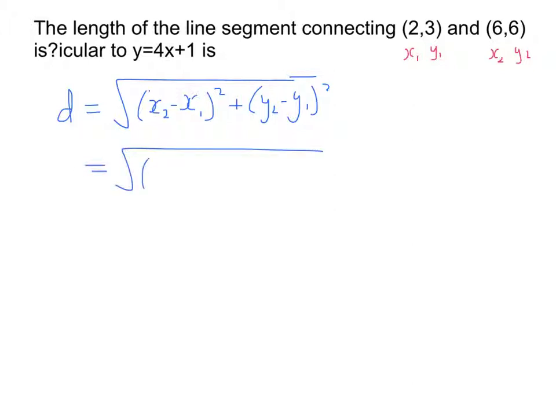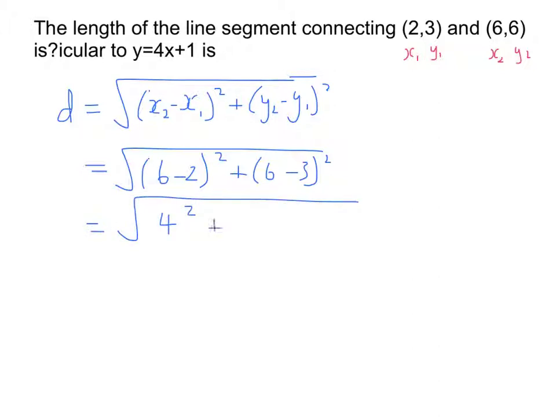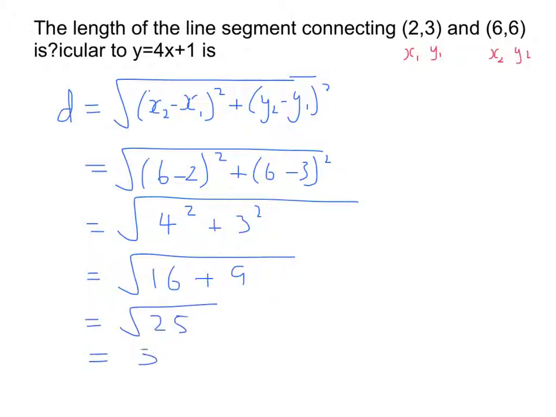So we have x2, 6, take away x1, which is 2, squared, plus y2, which is 6, take away y1, which is 3, squared, equals the square root of 4 squared plus 3 squared, which is equal to the square root of 16 plus 9, equals the square root of 25, which equals 5. And that's your answer there.